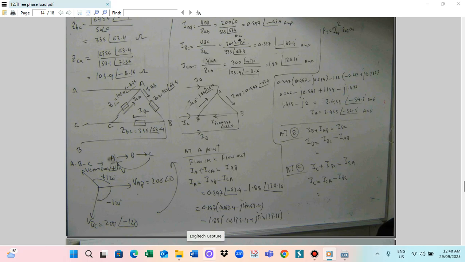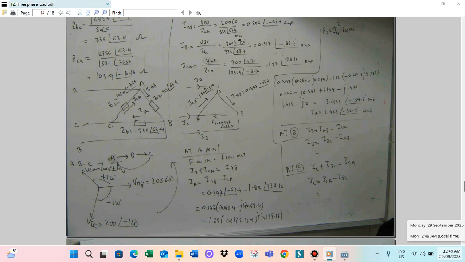Okay, then you have to see the star delta connection here. The currents are flowing. So this is point A, point B, and point C. So IAB is 0.597 angle minus 63.4, and IBC is 0.597 angle minus 183.4, and ICA is 1.88 angle 128.16.